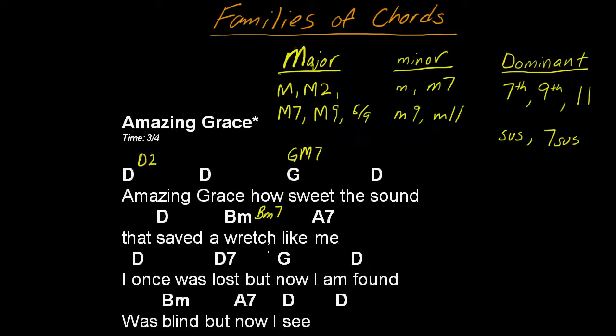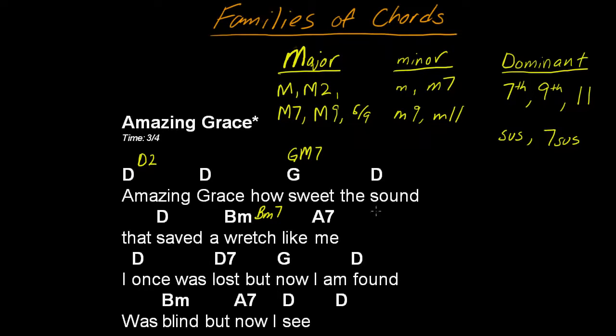In fact, I like to play a lot of my minors as minor 7s. But I don't put minor 7s on all our chord charts because some of you might not know how to play minor 7 chords. And for the people that understand music and how chords work like you all do now, anytime you see a minor, you can play a minor 7 because it'll just add a little more color to it.